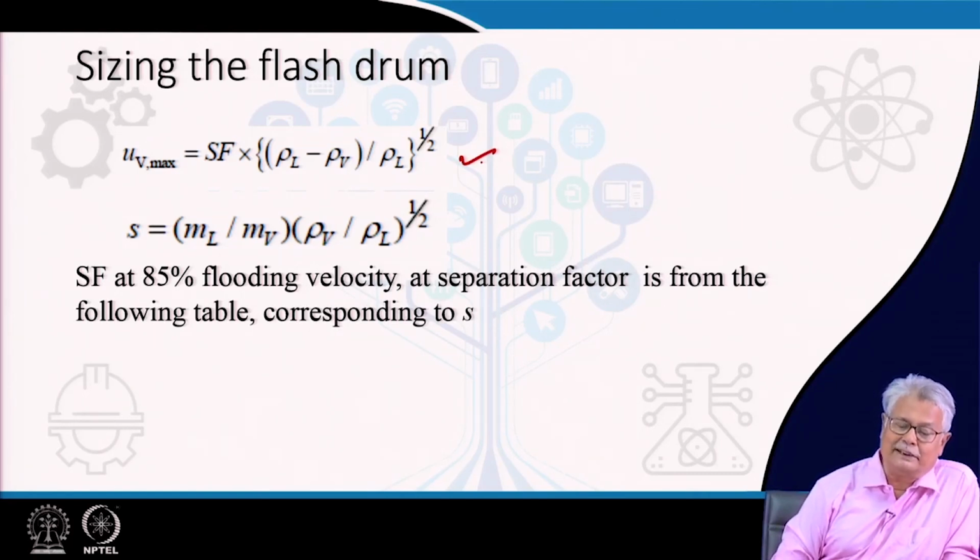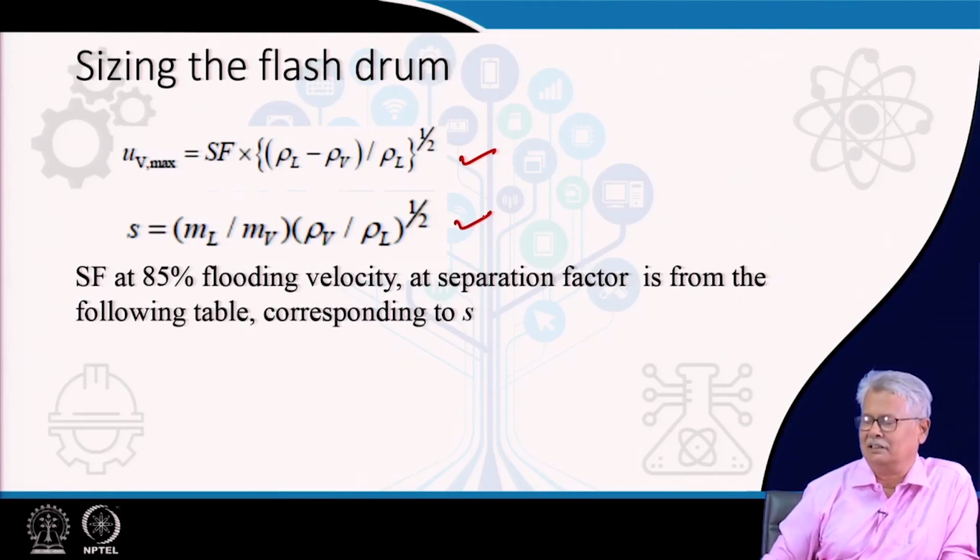In order to find out SF, we require one more parameter, which is small s. The value of SF at 85% flooding velocity, the separation factor SF, is found in the table which I am going to show you next. This corresponds to a particular value of S.